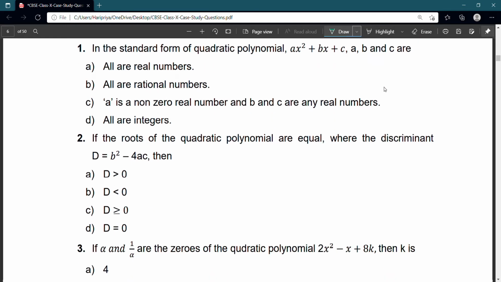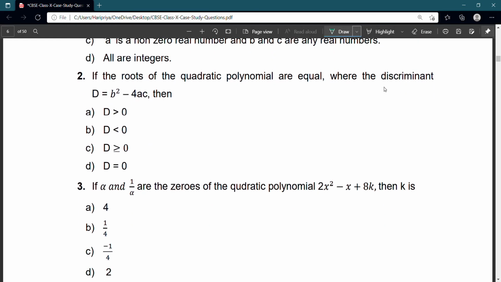The second question: if the roots of the quadratic polynomial are equal, where the discriminant D equals b square minus 4ac, then... so what is basically the discriminant? In any equation, for example, we are taking x square minus 4x plus c.